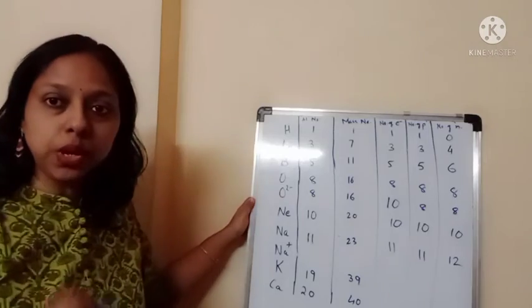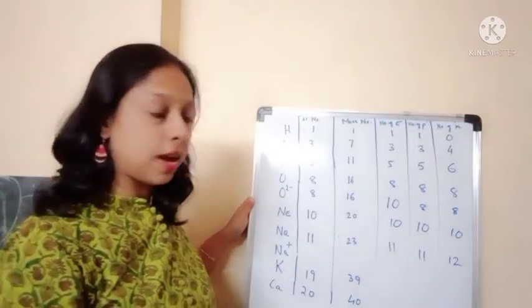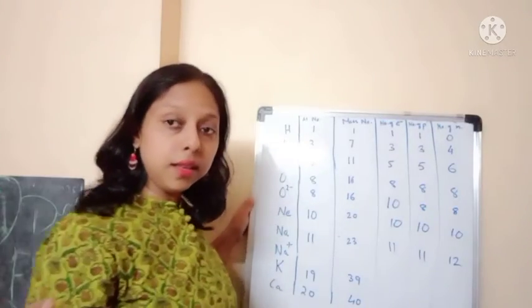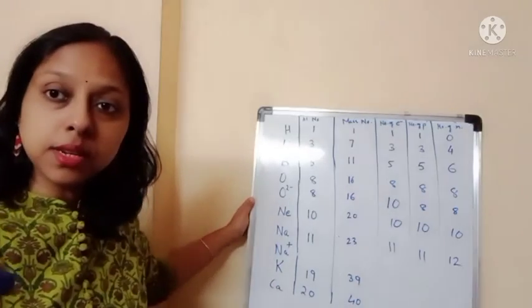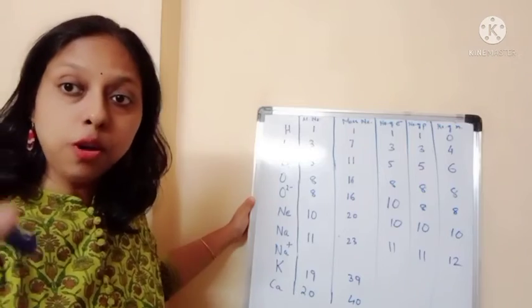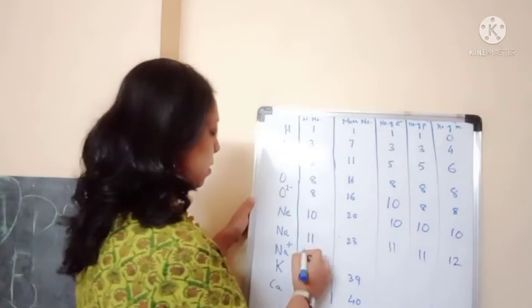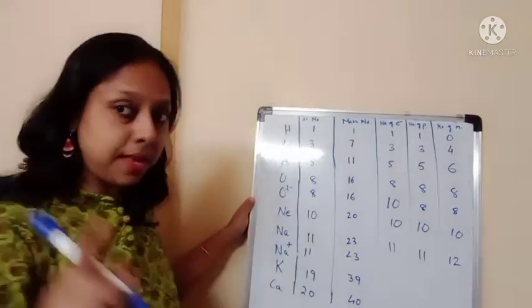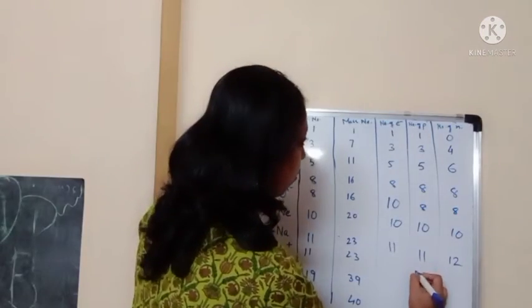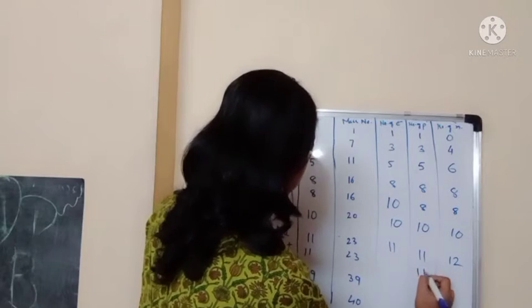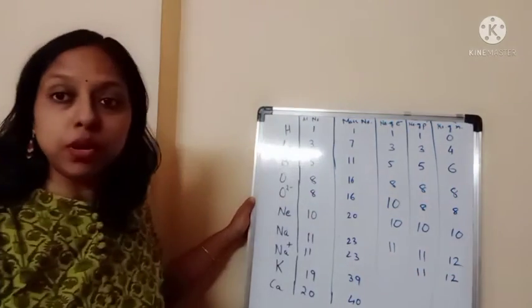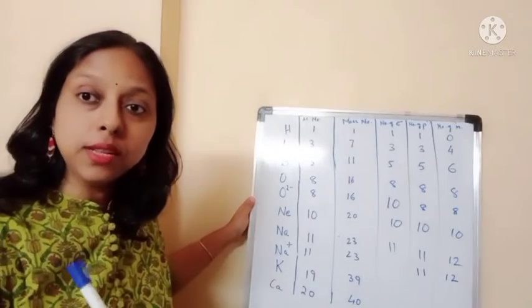Now if I consider the sodium ion, it is a positively charged ion. As I told, if it is an ion, there will be no change in its atomic number or mass number. So your atomic number will remain 11 and the mass number will remain 23. That means the number of protons will remain 11 and the number of neutrons will remain 12. What is the change here?